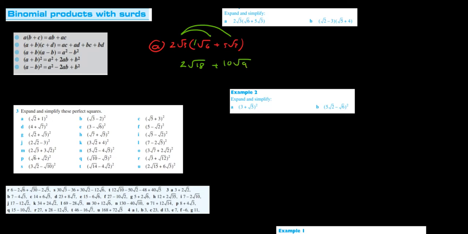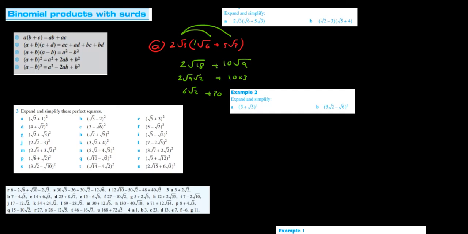Just going to do that again. 2 times 1 is 2, 3 sixes are 18, we have the radicand of 18, 2 times 5 is 10, 3 threes are 9. Okay, so we can rewrite this as the root of 9, the root of 2, that is just 10 multiplied by 3. So we get 6 root 2 plus 30.